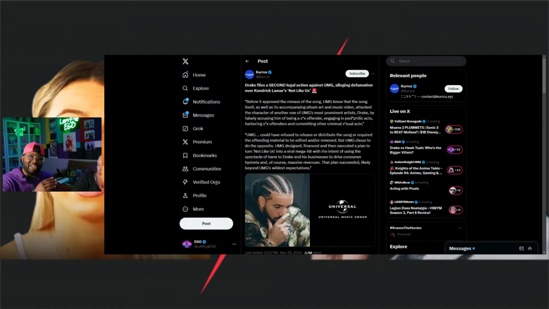So this is the thing. When Drake got this, he launched a lawsuit, honey. Basically, he claimed that Spotify and Universal Music Group, UMG, made 30 million bots to hype up Not Like Us and defame his character. What? Yes. But why would they do that?